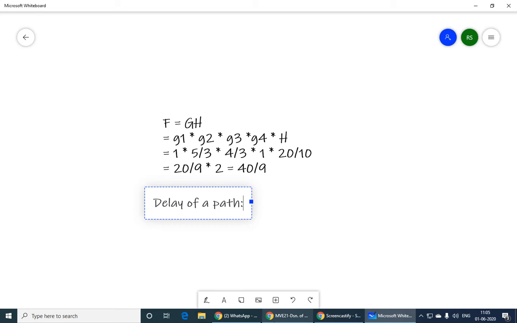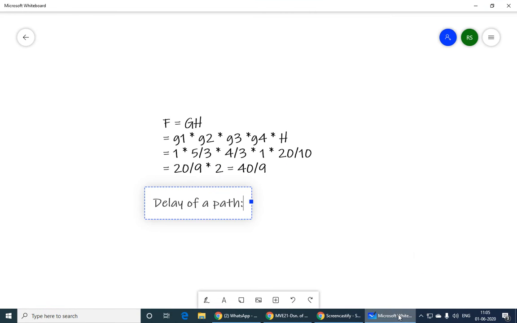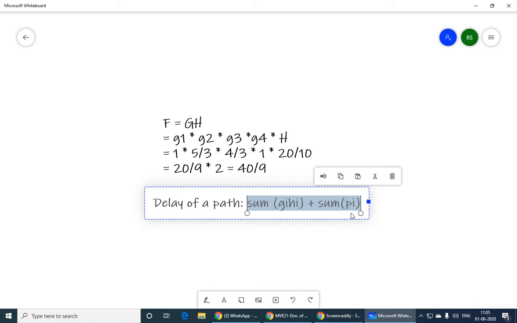But given this path, what is the delay of this path? The delay of this path is another term which is given by, okay, so this is the delay of the path. We have four gates for this path.